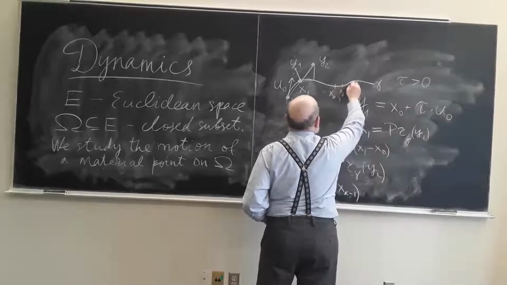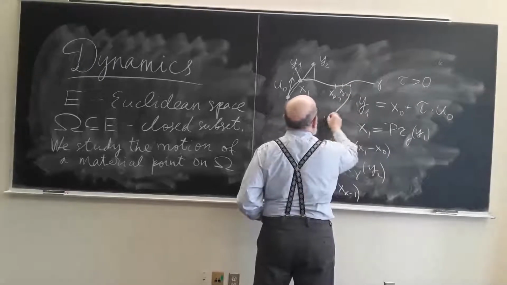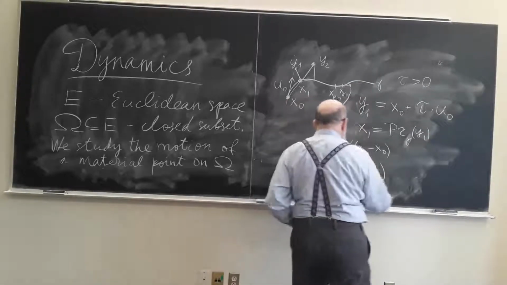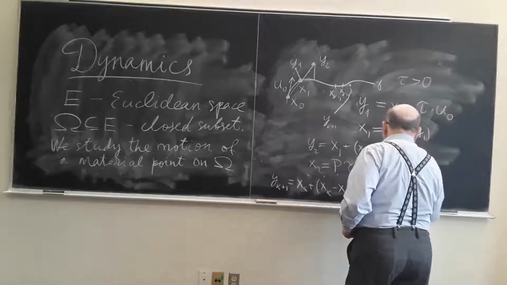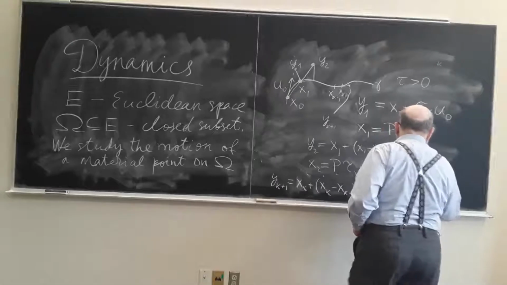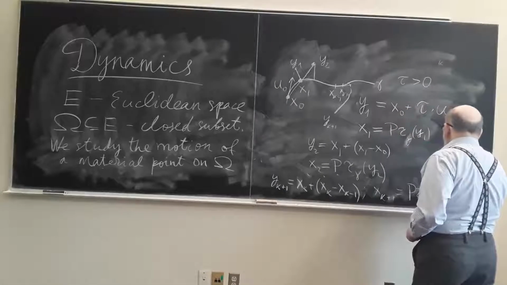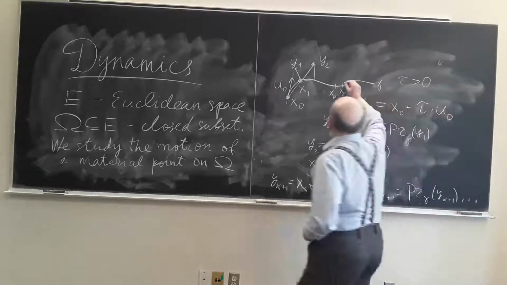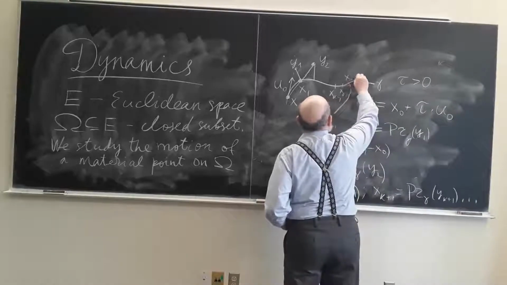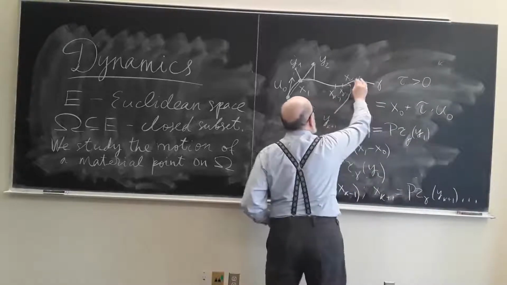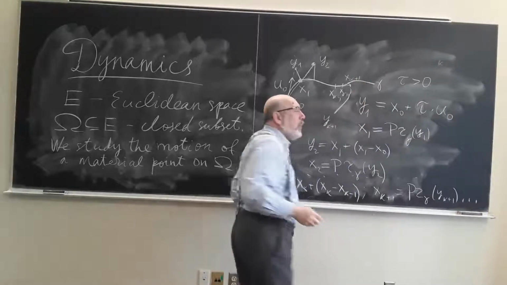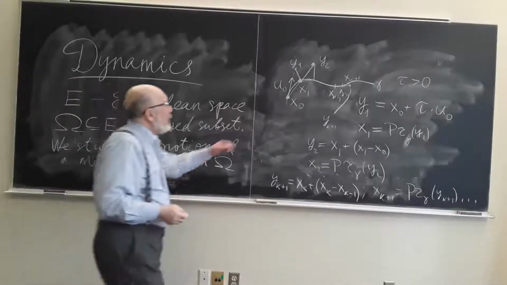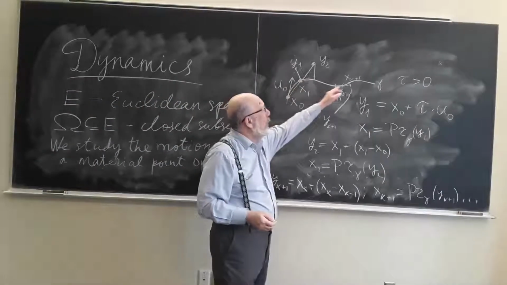I continue this way, it is y(k+1), and then x(k+1) equals the projection on gamma of y(k+1). So it is x(k+1). So what do we anticipate in this situation? How will the point move along a smooth curve?